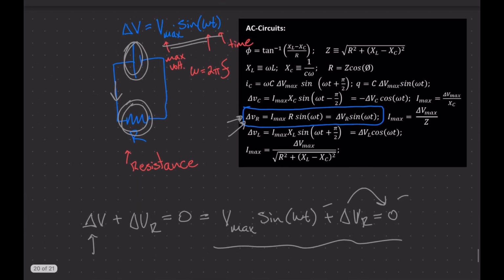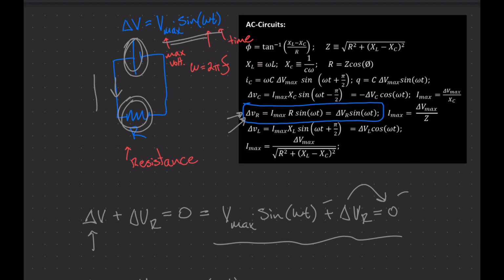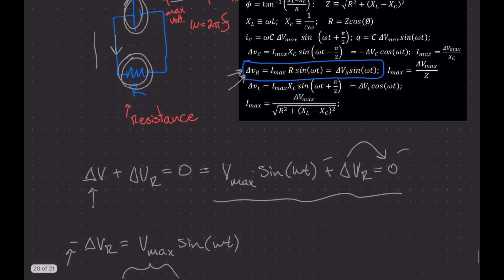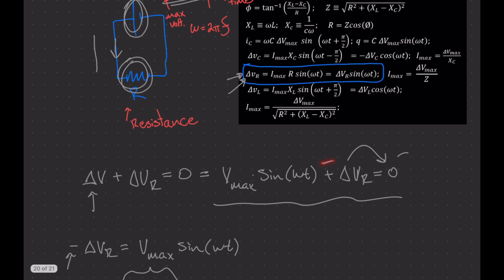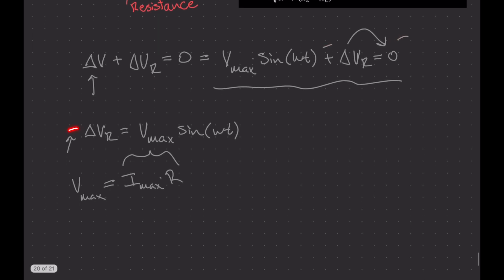Remember when you did Kirchhoff loop rules, you had to see the direction of the current flowing, and if the direction of the current is going this way and the loop that you chose was going like this, then this would be minus delta VR. So you would have a minus sign here. This minus sign would take care of this, and it would not have this minus sign here. So there's a couple scenarios like this in physics where there's a pesky minus sign and you're very close to getting an answer right. Everything is looking good except for that minus sign.